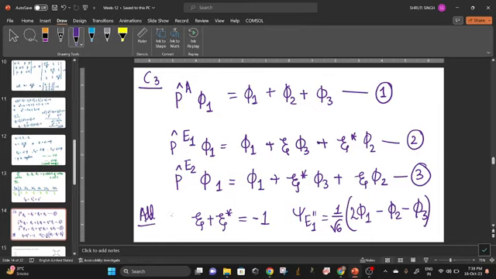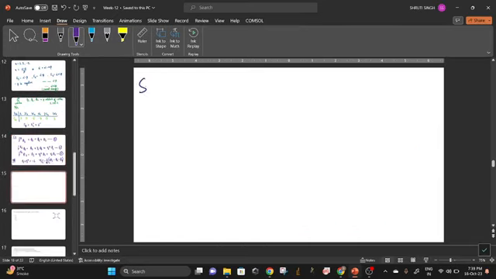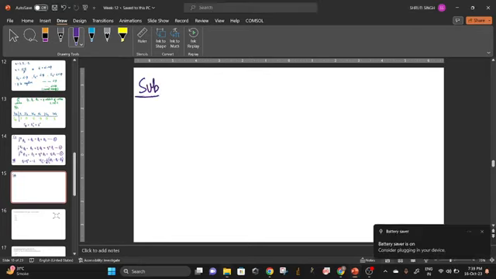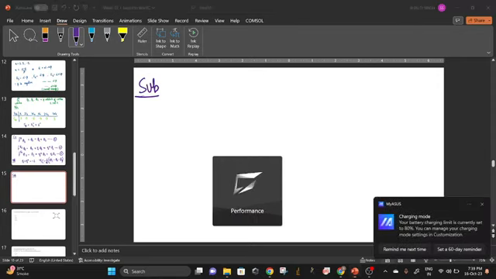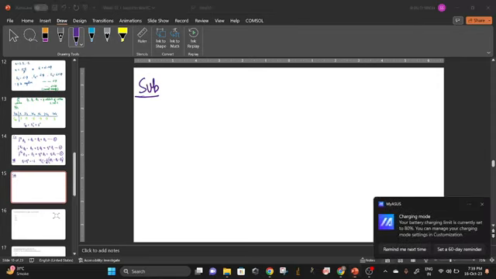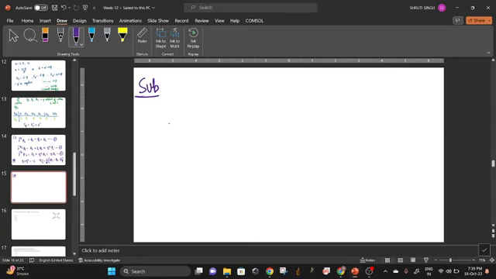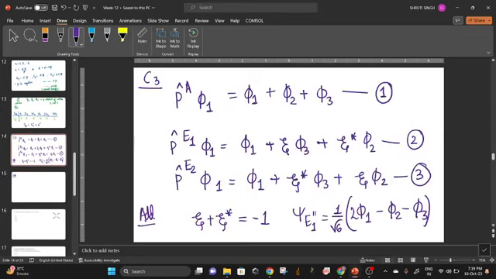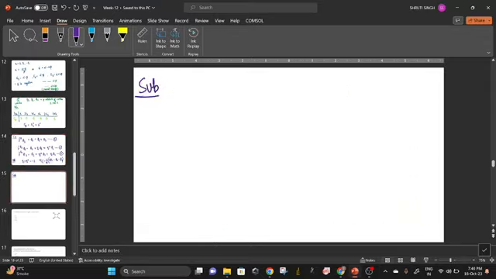Now this combination is upon addition. So when we subtract, psi 1 will get cancelled out. This one will be psi 1 epsilon minus epsilon star, and this will be epsilon star minus epsilon, and we can divide by i to get the real component.